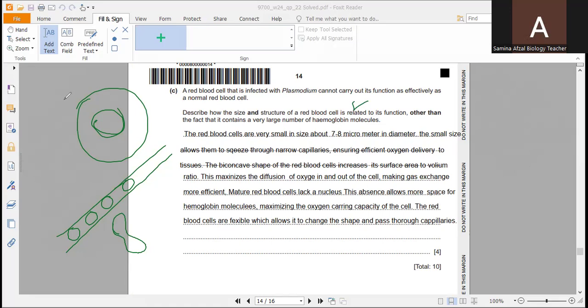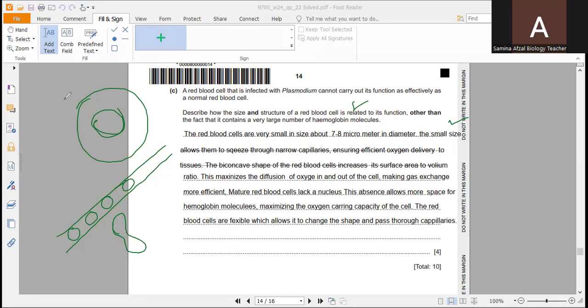Red blood cells are very small in size, about 7 to 8 micrometers in diameter. The small size allows them to squeeze through narrow capillaries, ensuring efficient oxygen delivery. The biconcave shape increases the surface area to volume ratio, which maximizes the diffusion of oxygen in and out of the cell, making gas exchange more efficient.